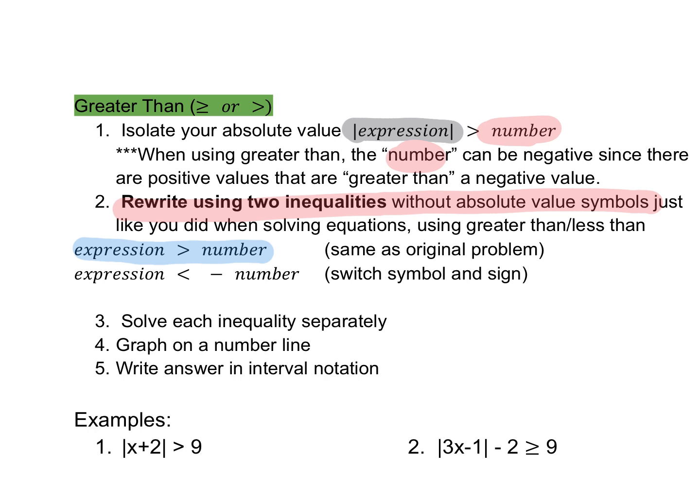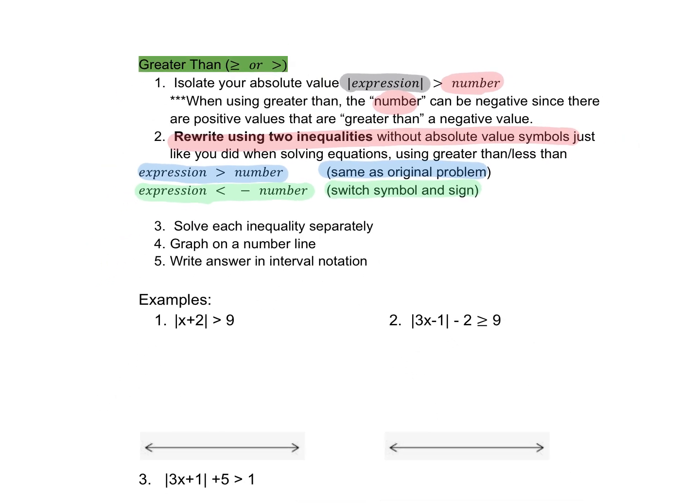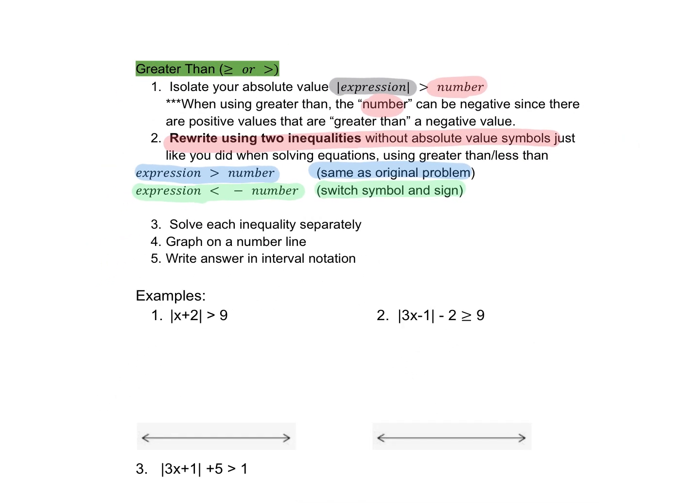Your second inequality is whatever was in your absolute value is less than the negative of that number. You switch the symbol and the sign. So the first inequality is just the same as the original problem without the absolute values. The second one, you flip the symbol and flip the sign.